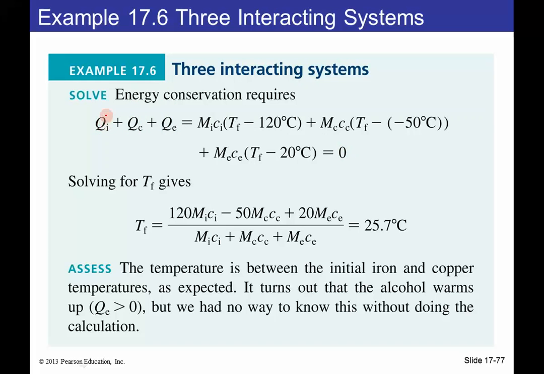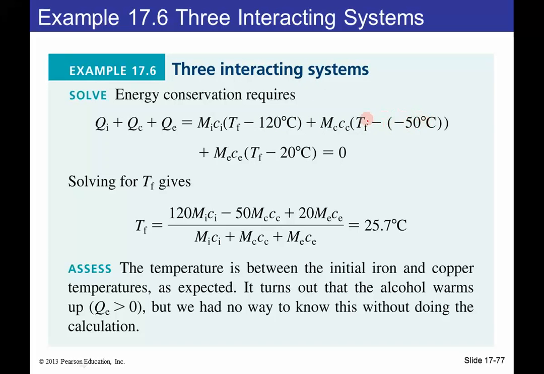What is the heat for the iron? Well, it's the mass of the iron times the specific heat of the iron times the change in temperature, which is the final temperature of the iron minus the initial temperature of the iron, which is 120 degrees, plus the mass of the copper times the specific heat of the copper times the difference in temperature, which is Tf minus, and notice the two signs here.